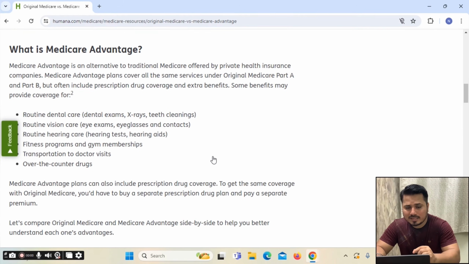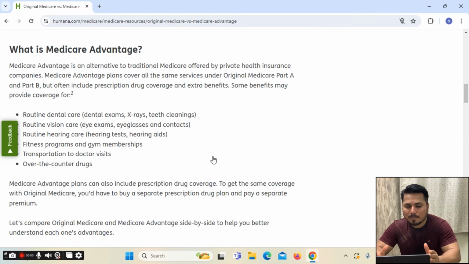Okay, now what is Medicare Advantage? We already know, let's do a revision. Medicare Advantage is an alternative to traditional Medicare offered by private health insurance companies. Medicare Advantage plans cover all the same services under original Medicare Part A and Part B, but often include prescription drug coverage and extra benefits.